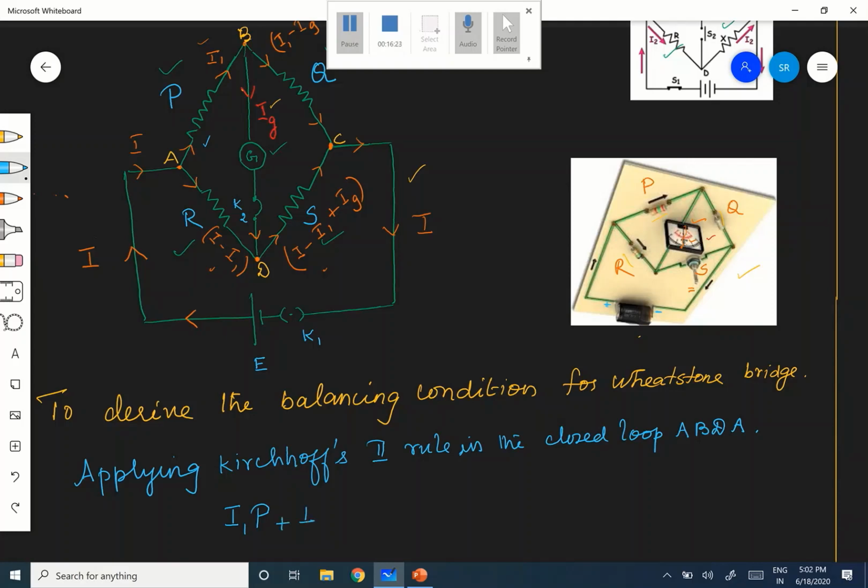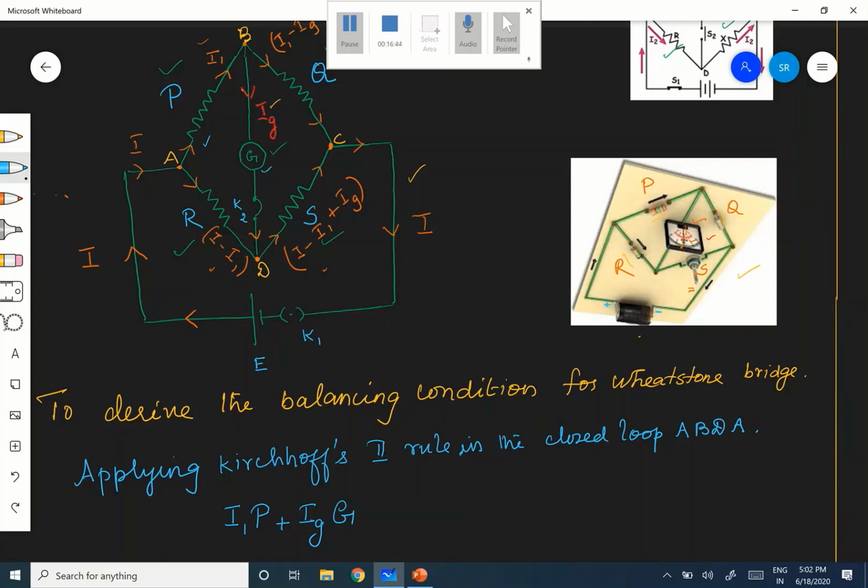Therefore, IG, and let capital G be the galvanometer resistance. This galvanometer has a resistance, that is capital G. Are you following?